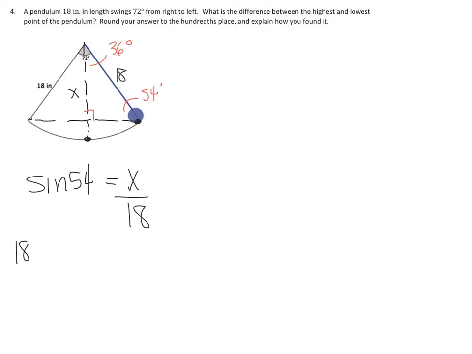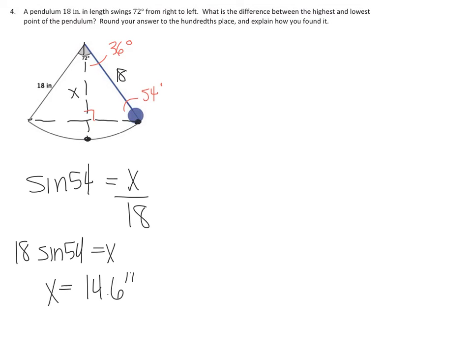Let's do that math. 18 sine 54 equals x. So x equals 14.6. And we're at inches. Okay, but we're not quite there.